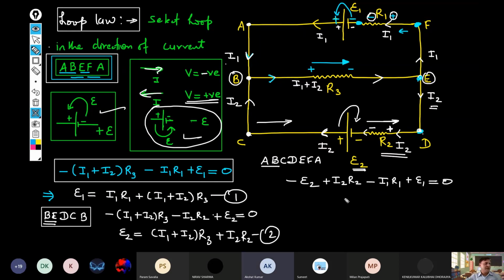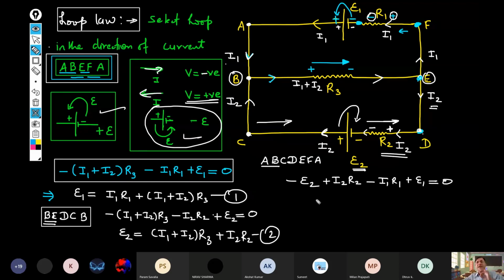Okay. Now how many of you are clear with this Kirchhoff's second law? Just raise your hands. Sir, I have a question. Who has a question? Sir, Dhruv. Yes, Dhruv. Sir, when we are moving towards the current, then what will be the sign of the potential?